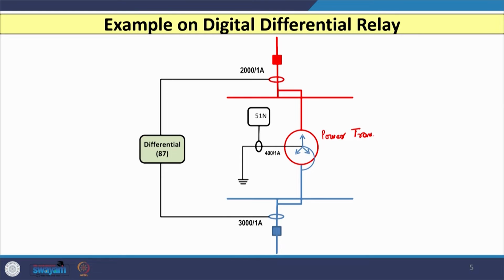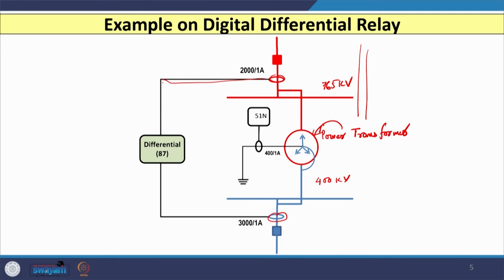You can see that this power transformer is under consideration, and on the HV side, shown by red color, this is your 765 kV side. The other side, with blue color, is the LV side of 400 kV, and on each side I have provided a CT, on the HV side and on the LV side, connected to the differential relay.